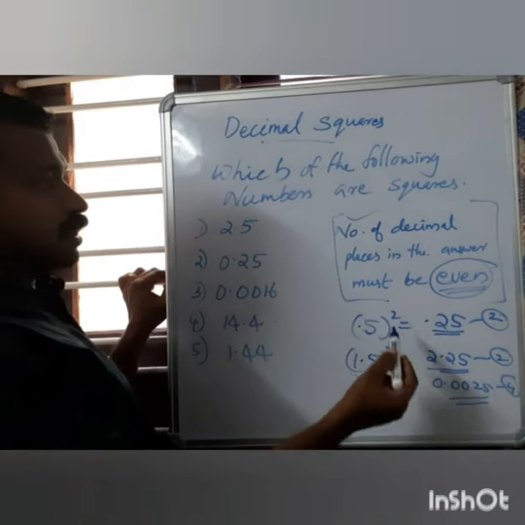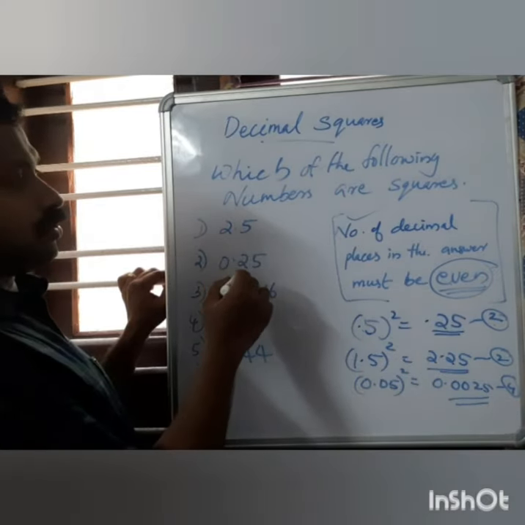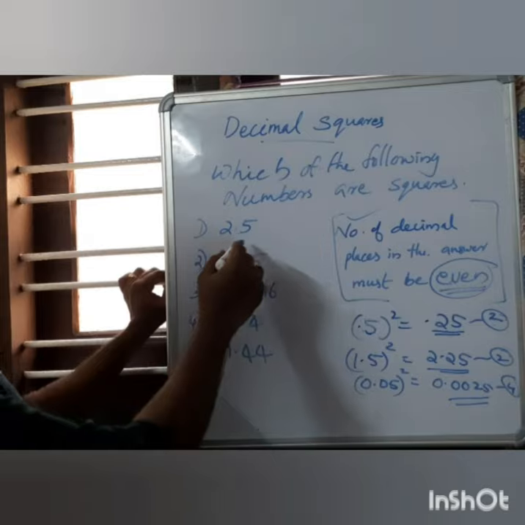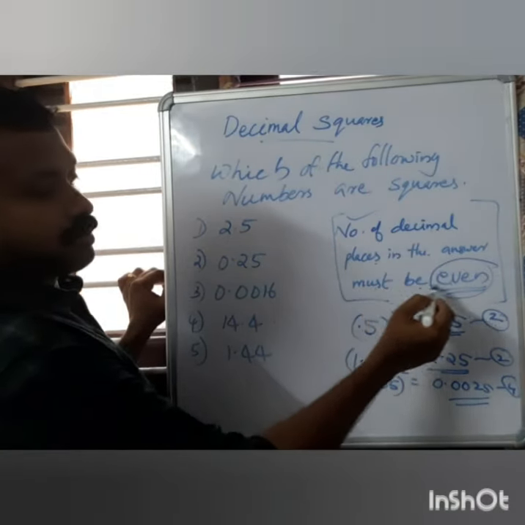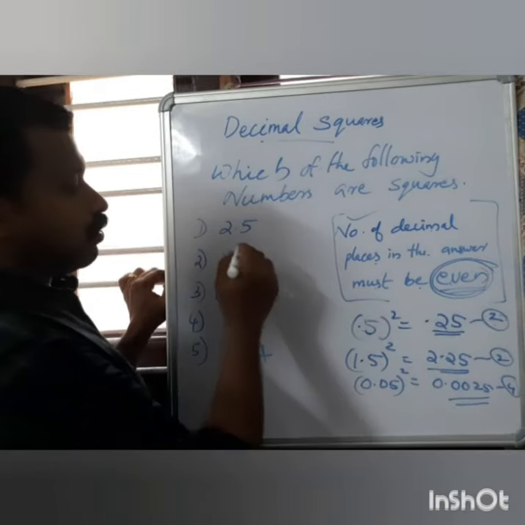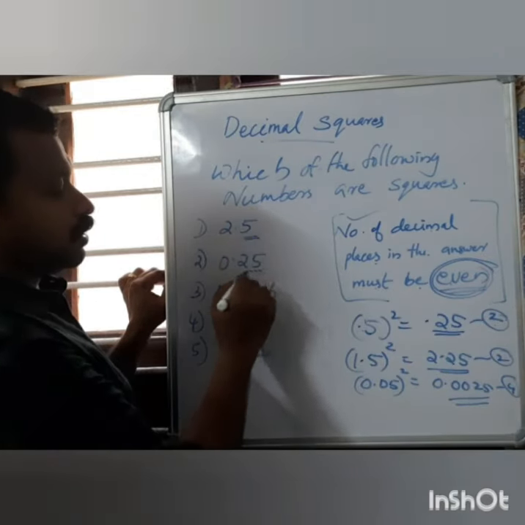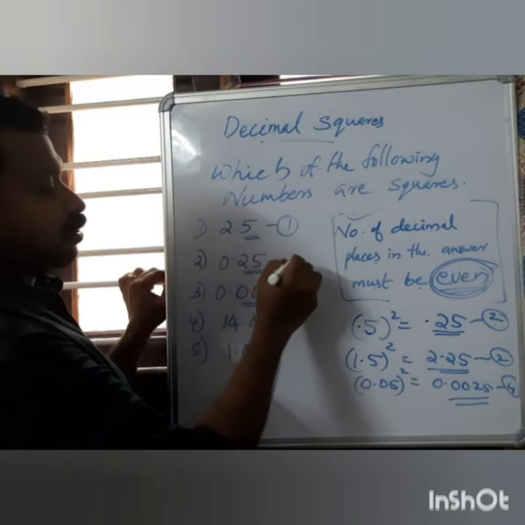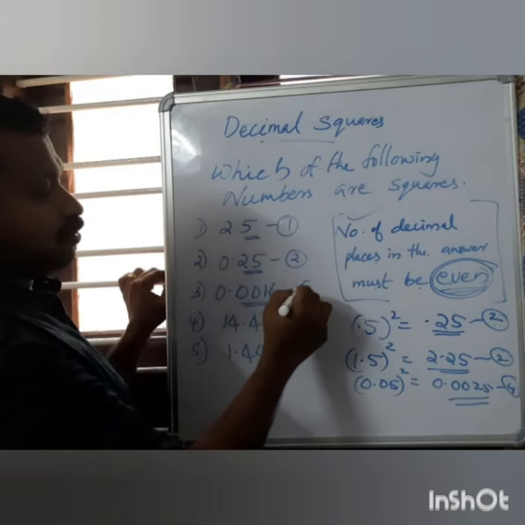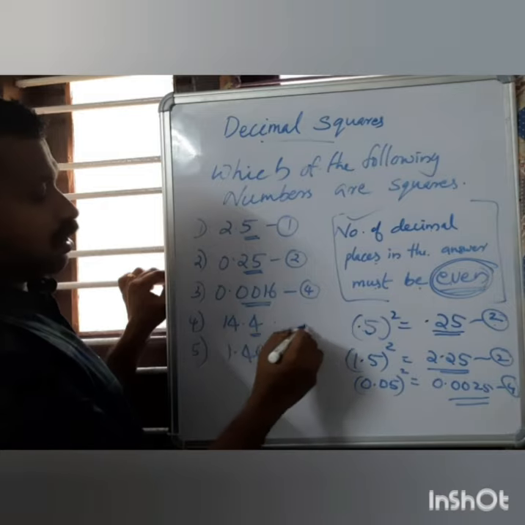So if the number is a square of some number, we can say that the number of decimal places in the answer must be even. So count the number of decimal places. Here how many are there? Here only 1. Here 2. Here 4 decimal places. Here only 1.